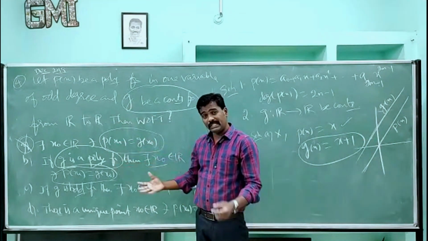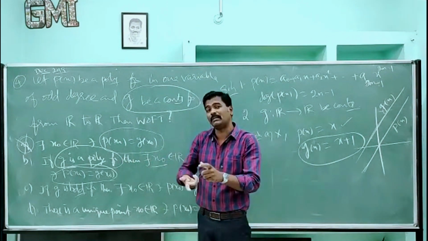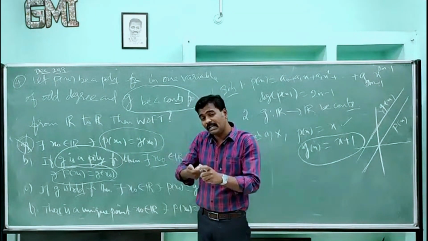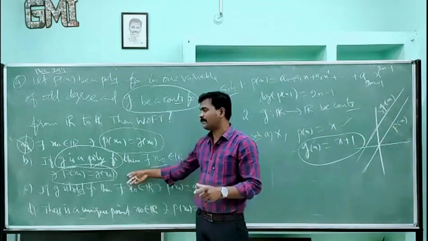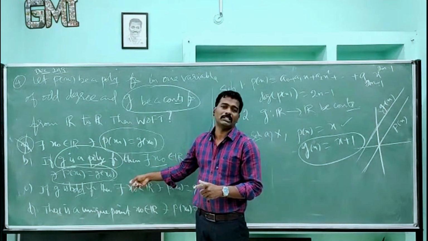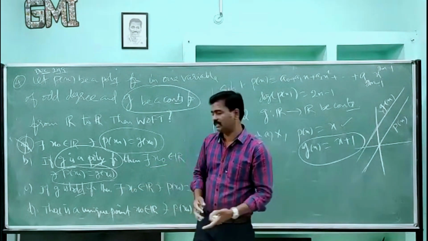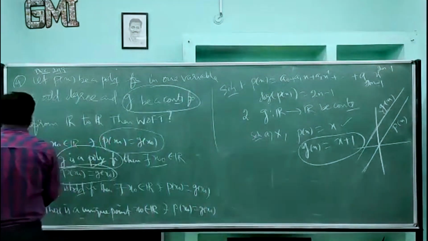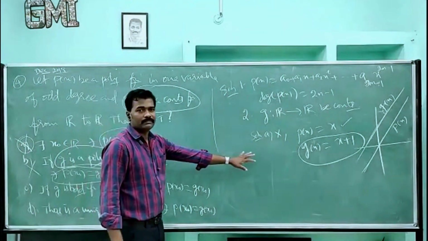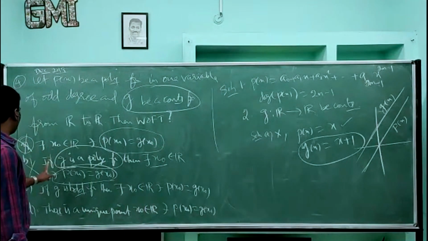In the second option, they give an extra hypothesis: not only continuous, it will be a polynomial. Even though G is a polynomial, they don't have this property. So B also fails. The same example will work. So option A fails and B fails.